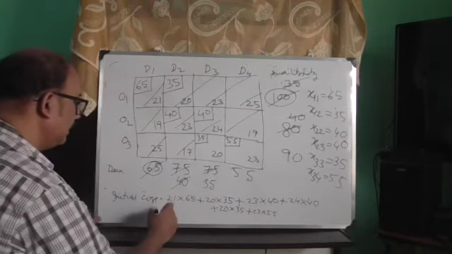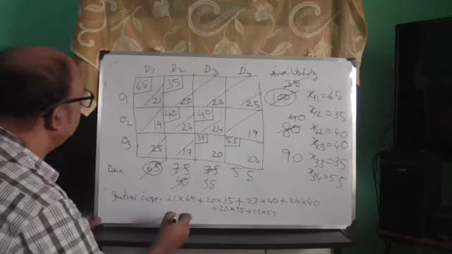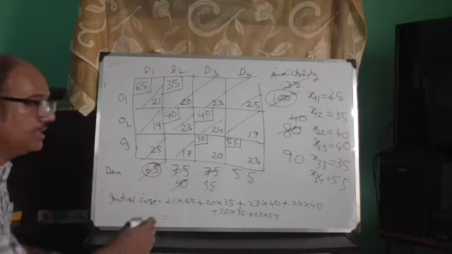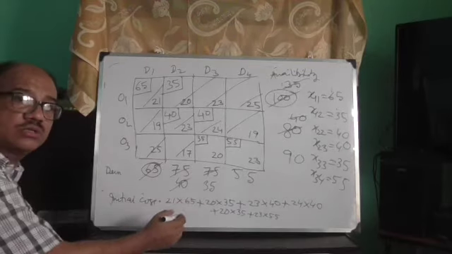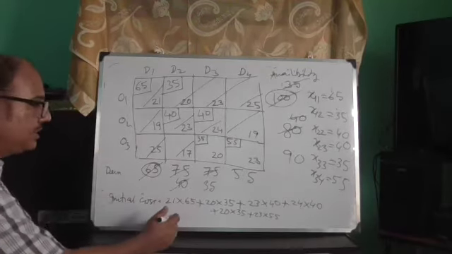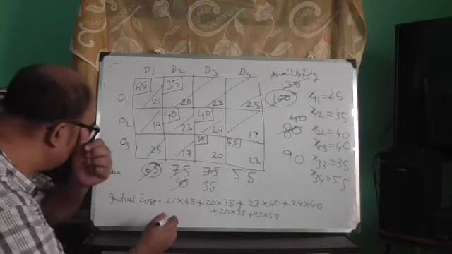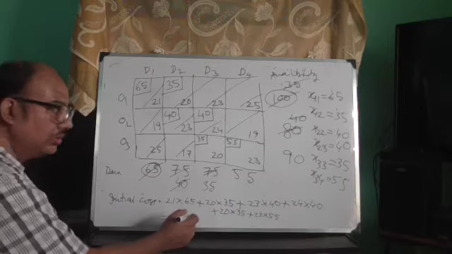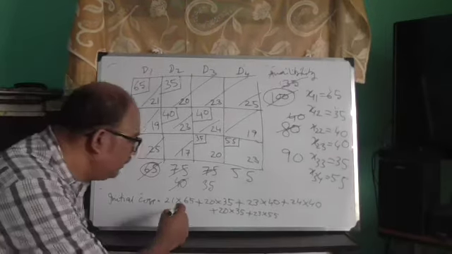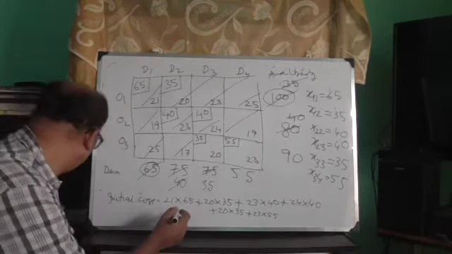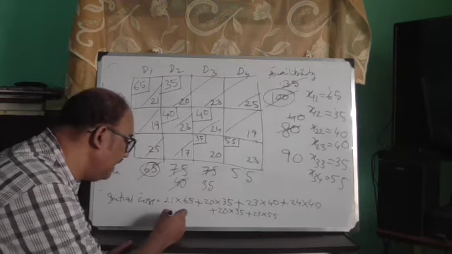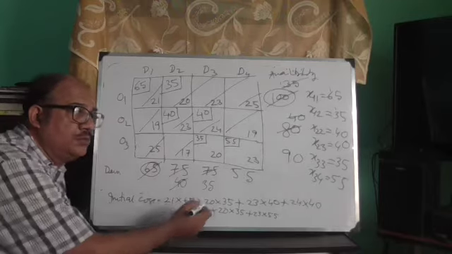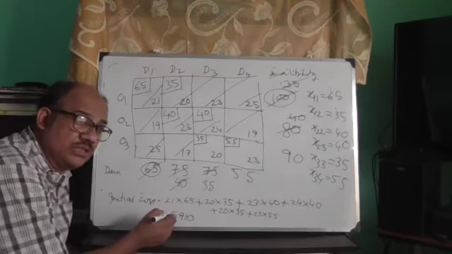If you calculate, it will give you the initial cost, and you can use the calculator to find it. The value is 5910. This is the total initial transportation cost.